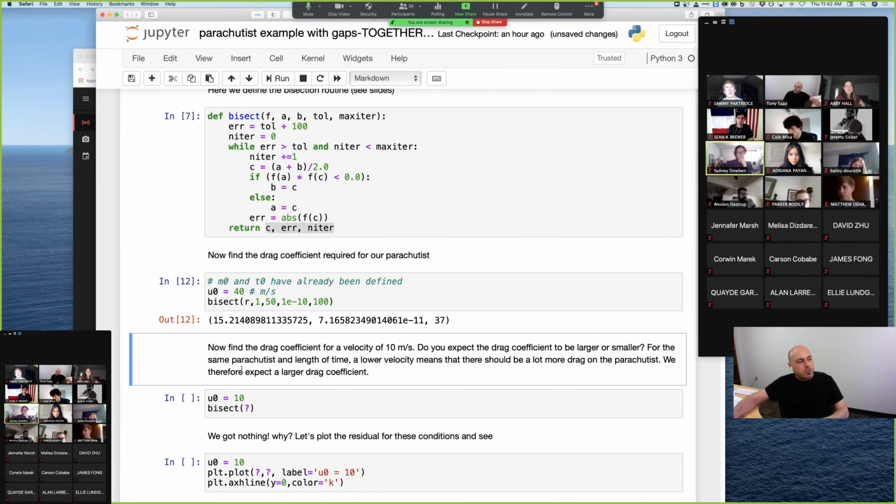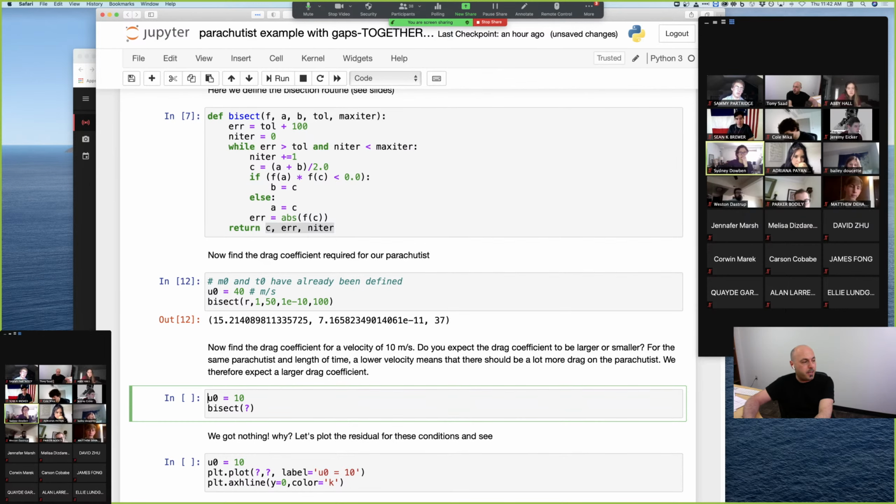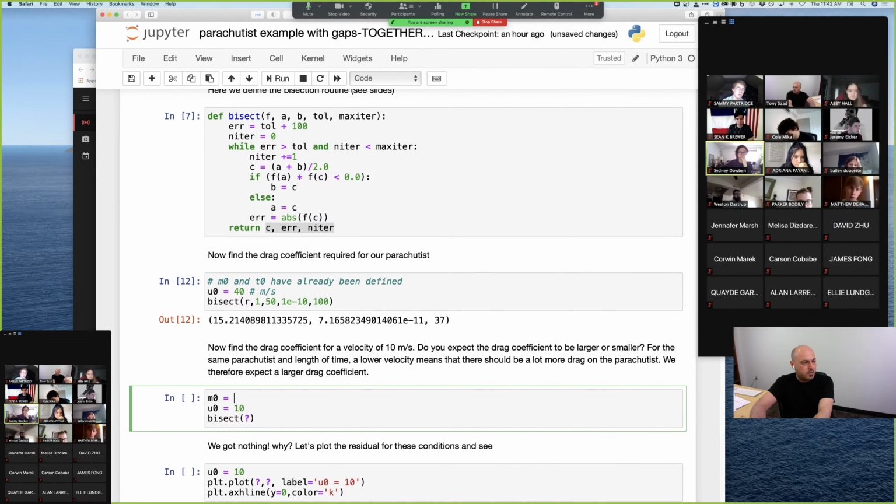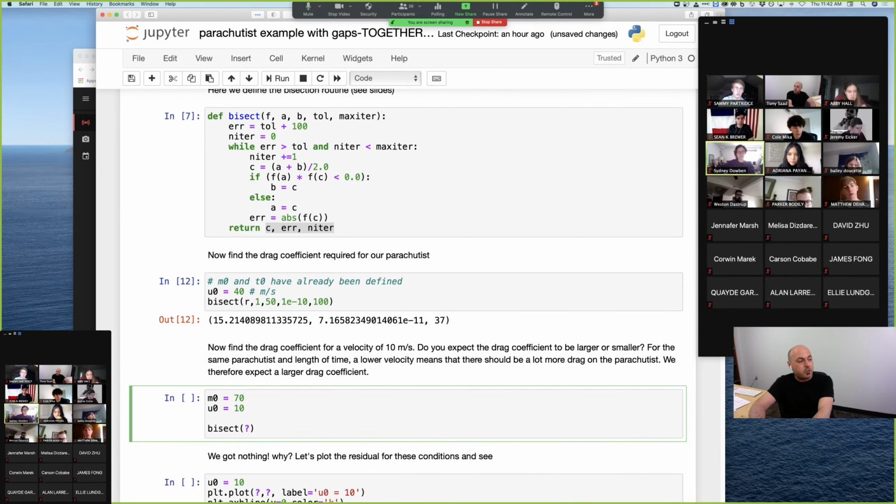All right. So now I'm going to change the question. I want you to find the drag coefficient for a velocity of 10 meters per second. Okay, so it's the same parachutist. M0 is still going to be 70, if you forgot what we defined. My target velocity is 10 meters per second, and I want to reach 10 meters per second after 10 seconds, okay?